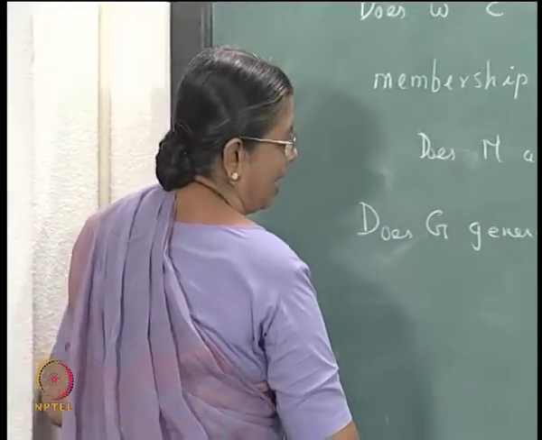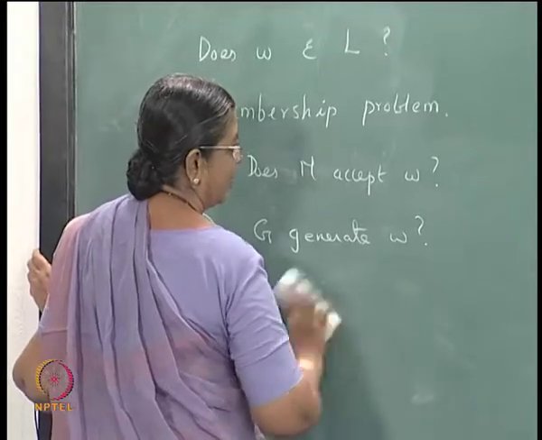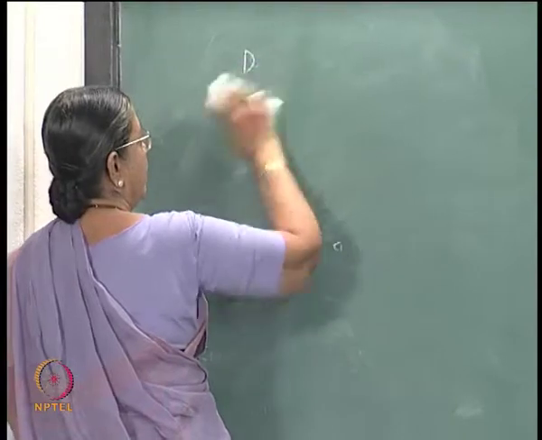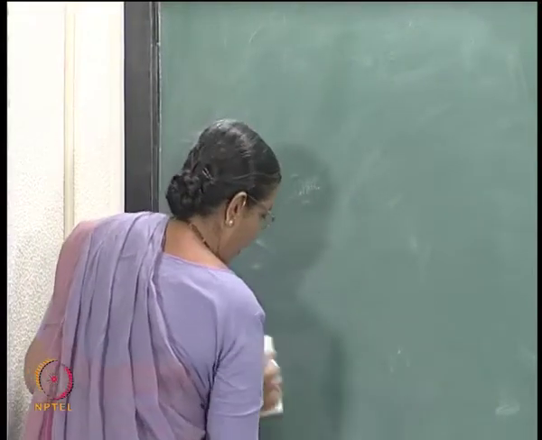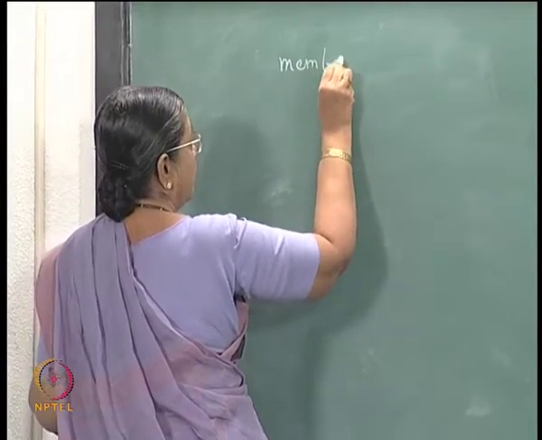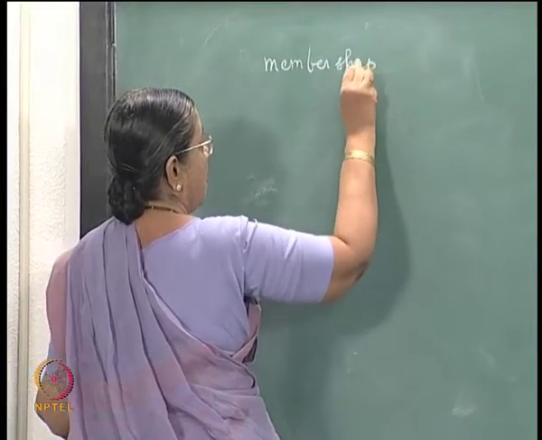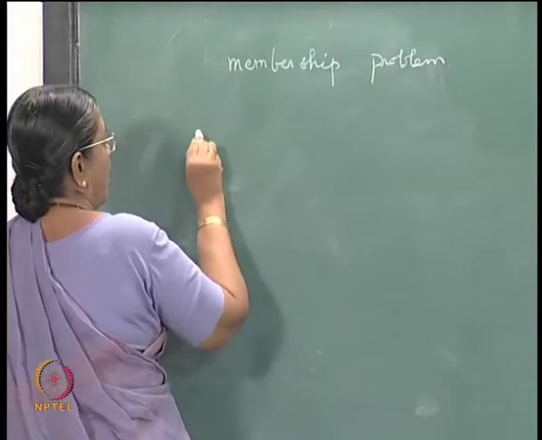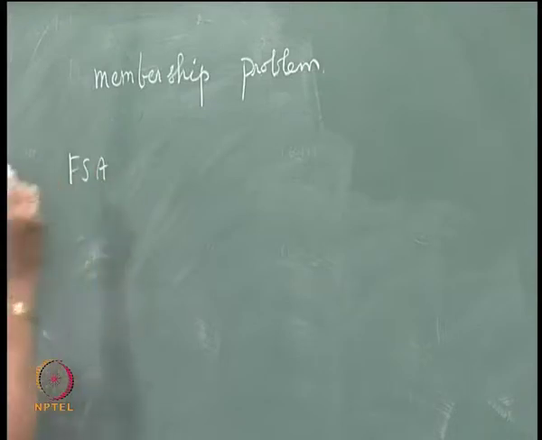The question is how much time it will take to find out whether W can be generated by a grammar, if it is right linear, if it is context free and so on. So, if you look into the membership problem for FSA, does an FSA accept a string W?